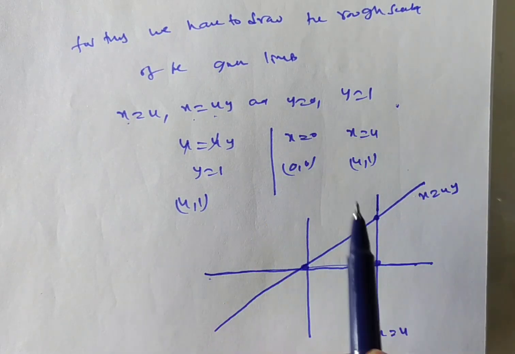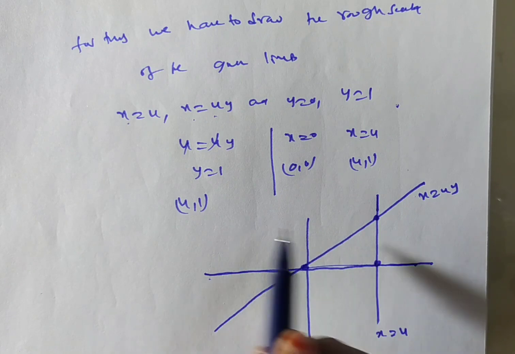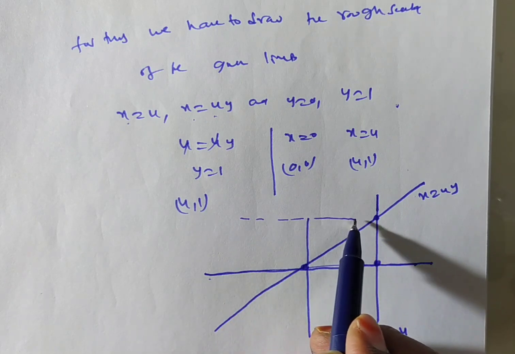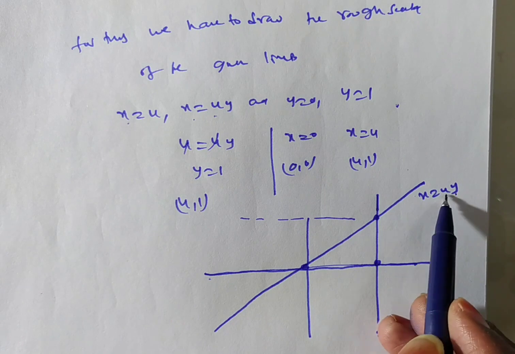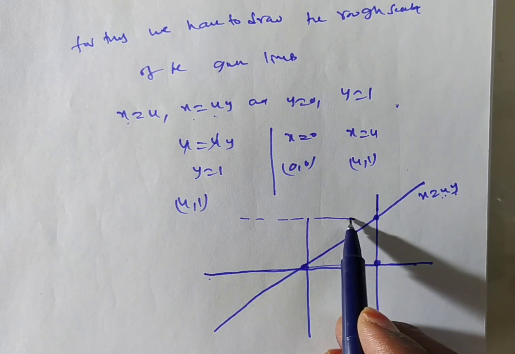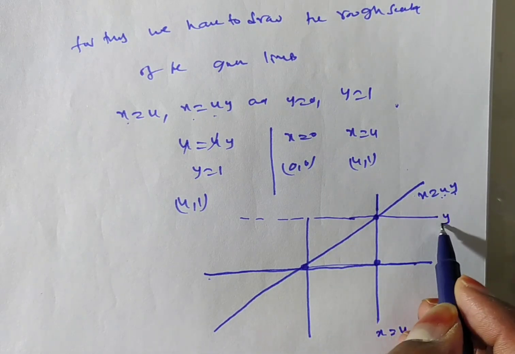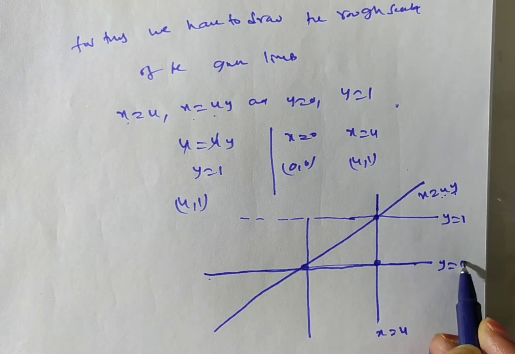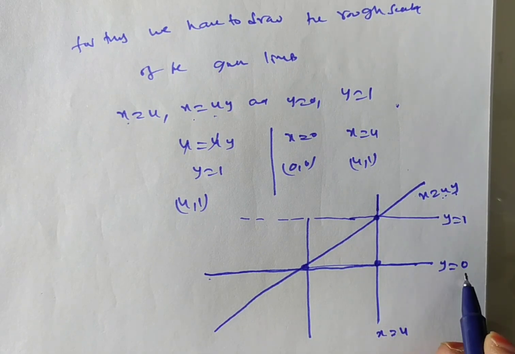Next, y is equal to 1: if you put y is equal to 1, x is equal to 4, so this is the point 4 comma 1. So this is y is equal to 1, and the x axis has the equation y is equal to 0.